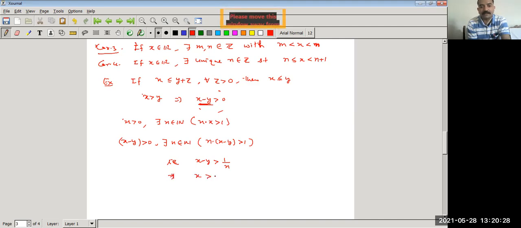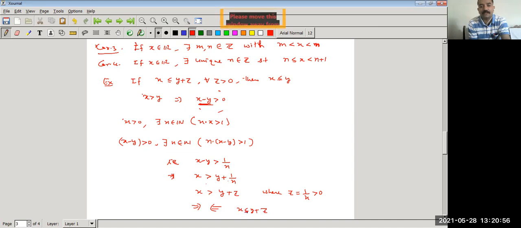So this implies that x is greater than y plus 1 upon n. If we take 1 upon n as z, we can say x is greater than y plus z, where z is 1 upon n and which is greater than 0. So in this way, we are able to find that x is greater than y plus z, which is a contradiction, because it is given that x is less than or equal to y plus z.